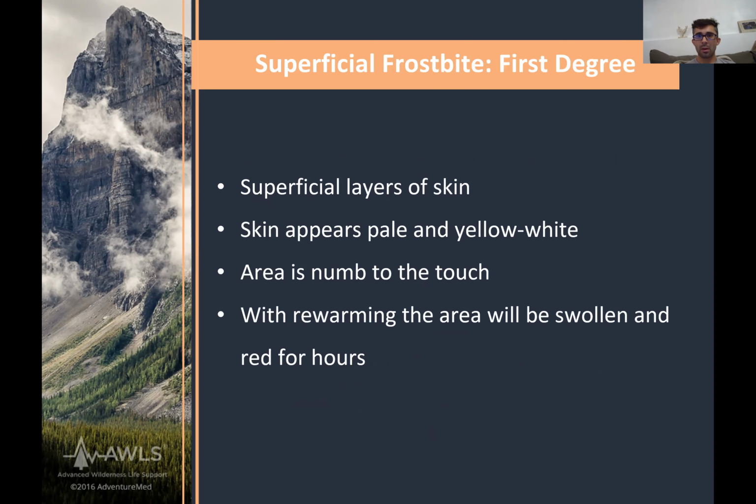So for first degree, again, includes the superficial skin layers. The skin will appear pale and yellow, and it will have sort of a raised plaque. The area is numb, and with rewarming, it will be painful, and the area will be red and swollen for several hours.